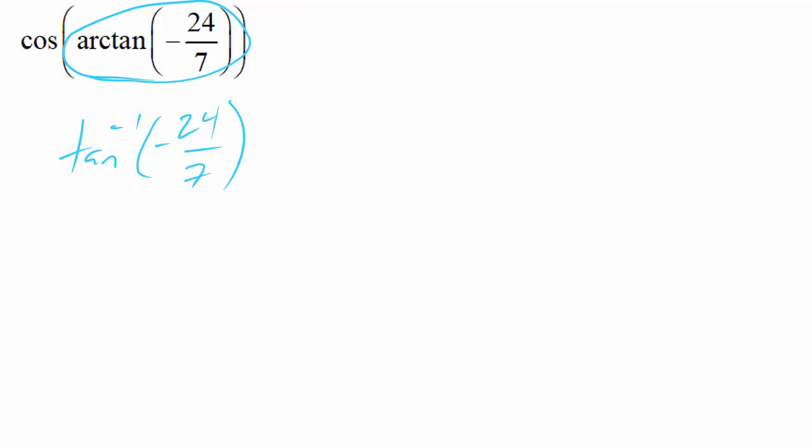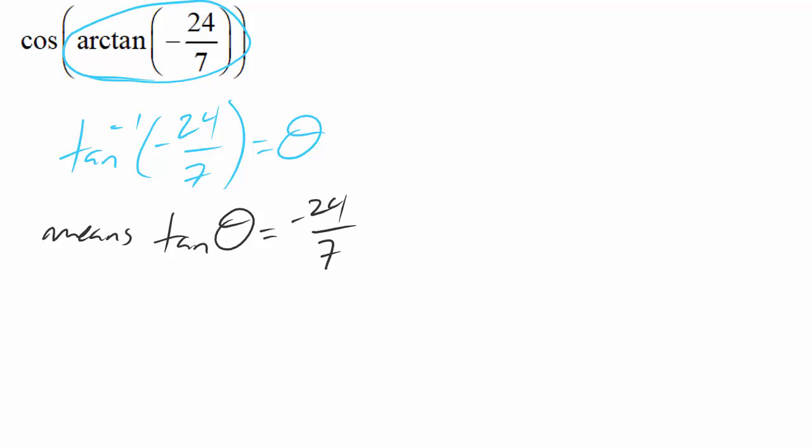In either event, we're going to have the tangent inverse of negative 24 over 7. That's going to give us an angle, which we're going to call theta. Because the tangent inverse is equal to theta, that also means that the tangent of this angle theta is going to be negative 24 over 7.